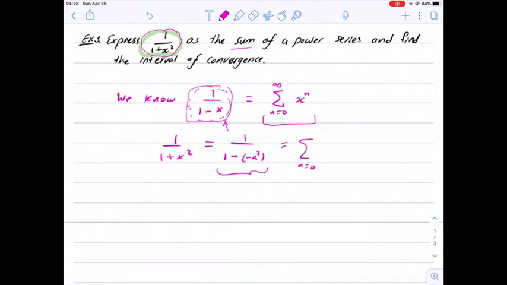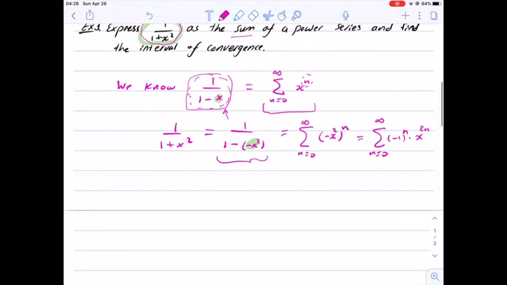from n equals 0 to infinity. Now instead of x here, we have negative x squared. So we plug negative x squared here, and we still have the power n here. And then we can simplify more. The series from n equals 0 to infinity of negative 1 to the power n times x to the power 2n.